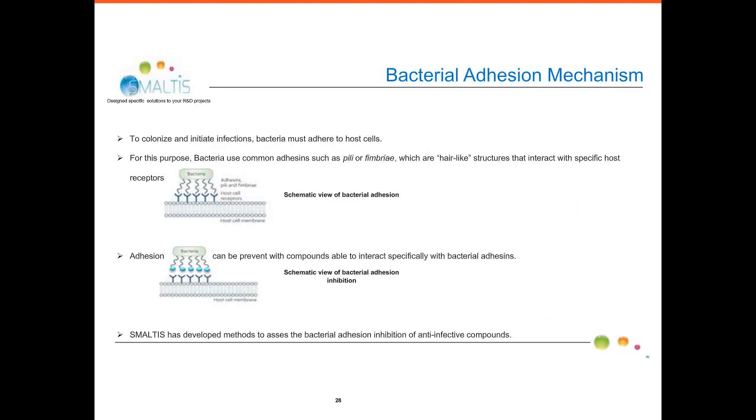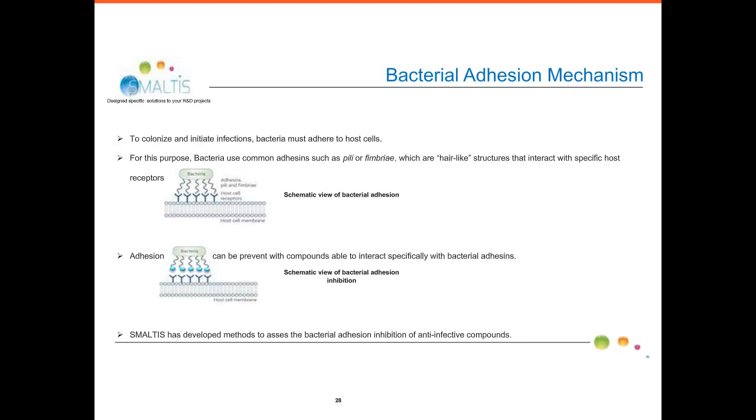For those who do not know, to colonize and initiate infections, bacteria must adhere to the host cells. To do this, they use common adhesins such as pili or fimbriae, which you can see on our schematic view. These pili or fimbriae are hair-like structures that interact with specific host receptors located at the cell surface.